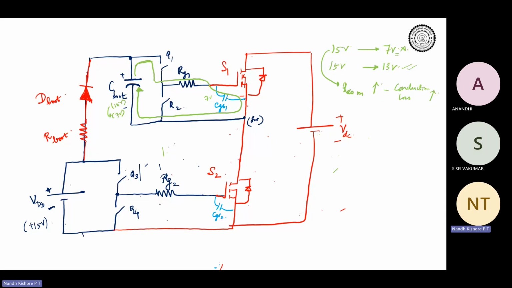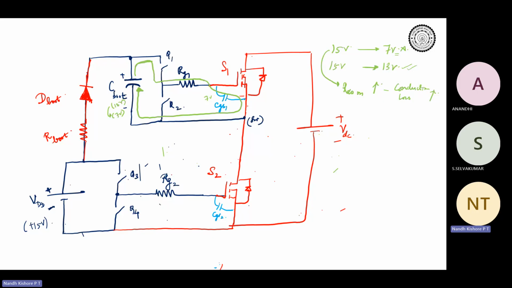The charging time should also be high, right? Only then will I be able to charge up the capacitance. It will take more and more time to get charged up. It is easier to charge up 1 nanofarad of capacitance. It is difficult to charge up a 100 nanofarad capacitance to the same voltage. 1 nanofarad will quickly charge up. So that is the trade-off you need to do.